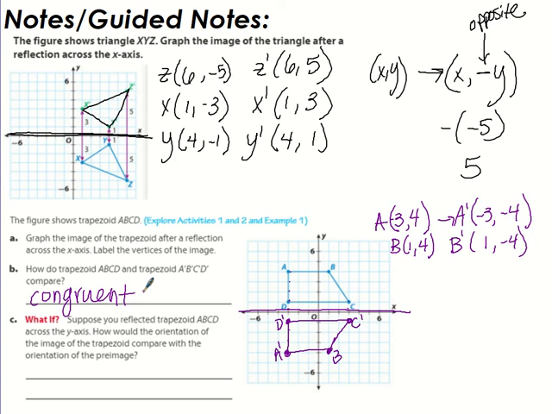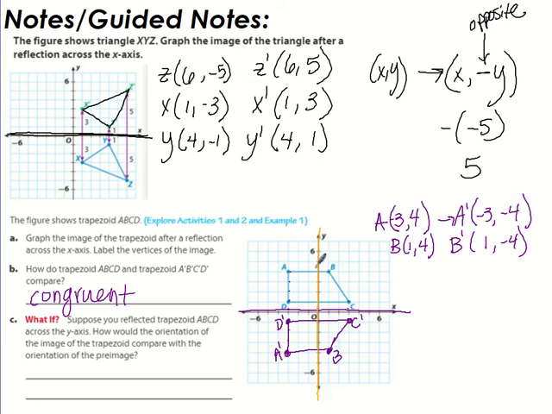Okay, so let's look at the y-axis flip. So the y-axis is here. Did not do a good job drawing that. Here. So just like with an x-axis, when I flip it over the y-axis, it needs to be the same distance on either side.